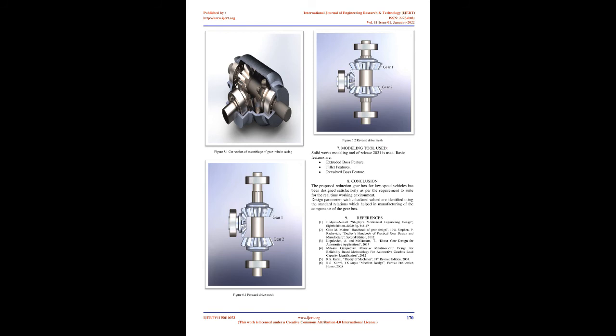Straight bevel gear forces. Figure 4.1 Dimensions. 6. Design of gear. dP equals 63 mm. dg equals 220 mm. np equals 8. ng equals 30. m equals 7.75.